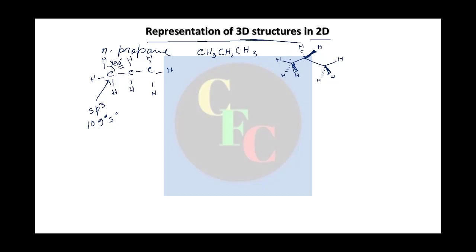Now we can expect that these angles are like 109 degrees. These bonds, the solid wedge bonds, are towards the viewer, and these are away from the viewer.